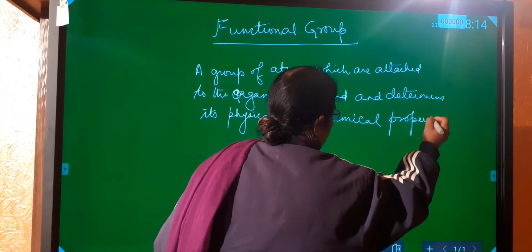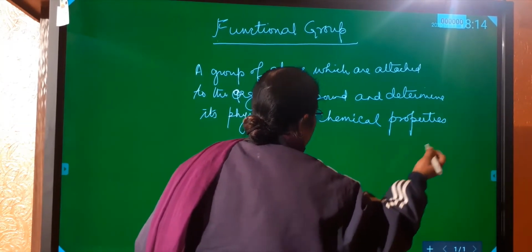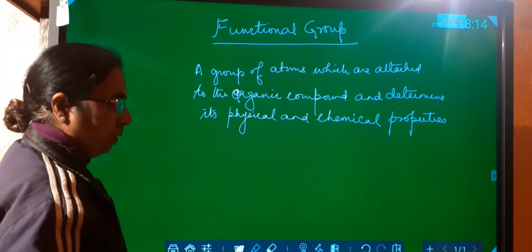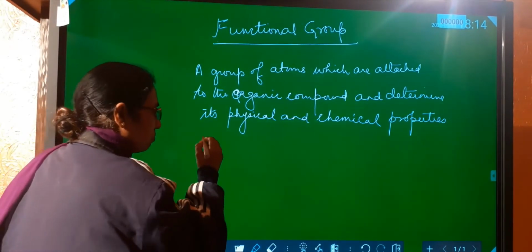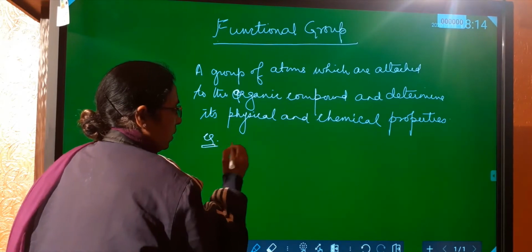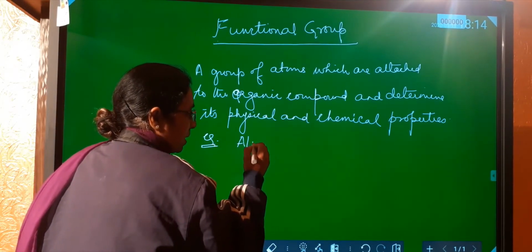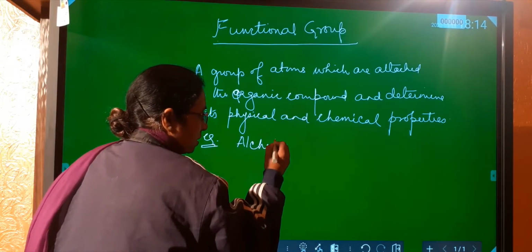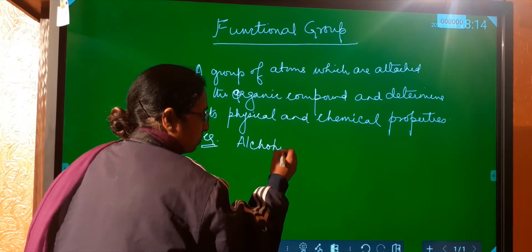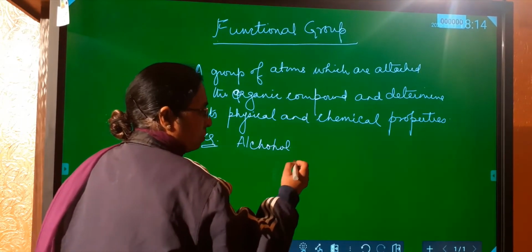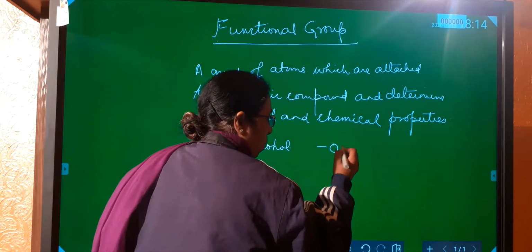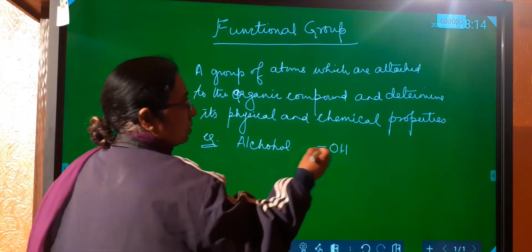Determine its physical and chemical properties. Alright, so for example, one functional group is alcohol. Alcohol means there will be OH.